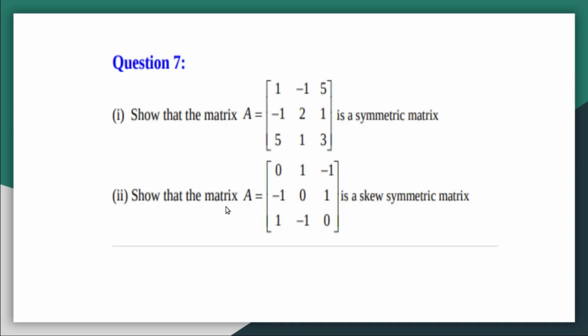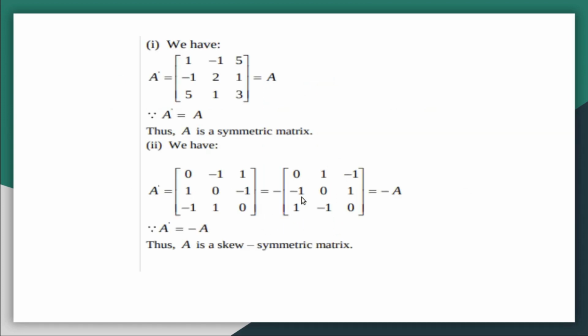Now this is the second problem, A. First find the transpose of the given matrix. A transpose is 0 minus 1 1, 1 0 minus 1, minus 1 1 0. Now take a minus sign outside. So the negative terms become positive, and the positive terms we have to write as negative.